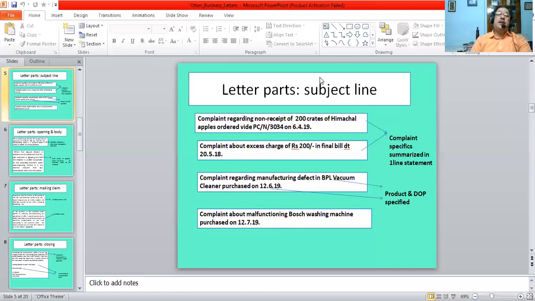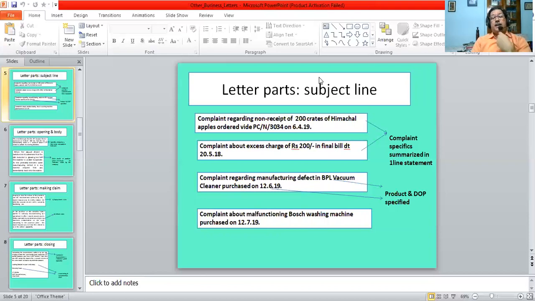Now the first one obviously is about delay in the shipment of goods. Complaint regarding non-receipt of 200 crates of Himachal apples ordered by order number so and so. So the delay in the shipment is being highlighted in this case. And the second one is about excess in billing. So excess charge of Rs 200 in the final bill. Well, the bill number is not given, but the bill number should also be given over there.